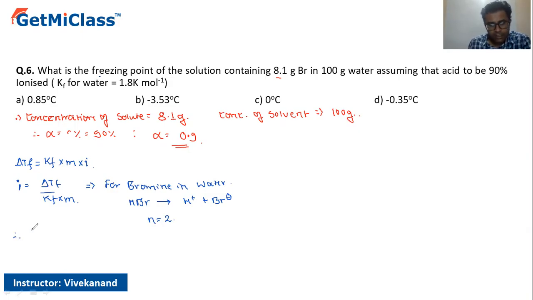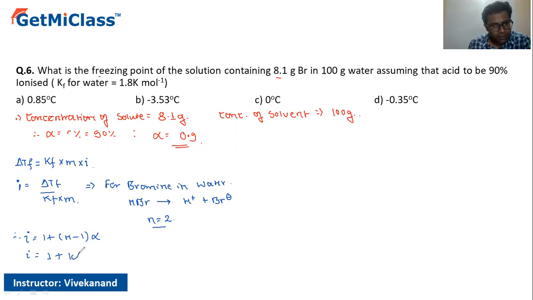Now, this is very important so that we can proceed further. i is also equal to, as we know, 1 plus (n minus 1) into alpha. So therefore, i is equal to 1 plus. Now, n number is 2. So 2 minus 1 is 1.